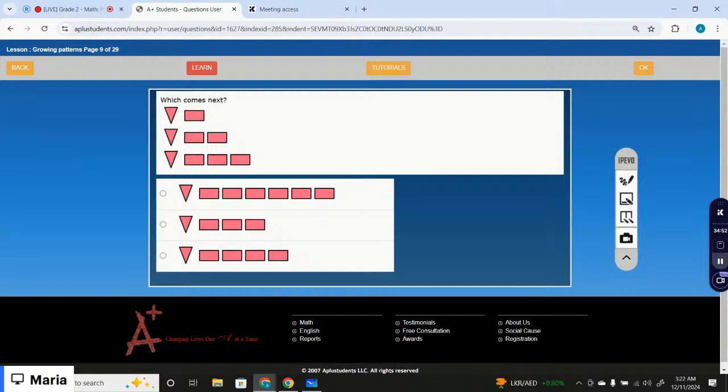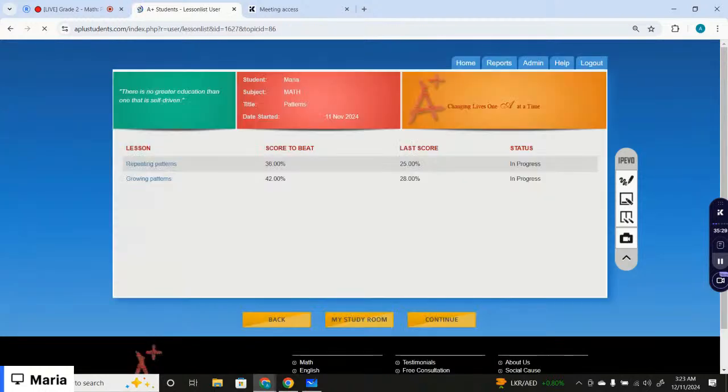Which is the correct option? Option number 2 is the correct option, right? Okay, you can complete the lesson by yourself later today. Let me just move on to the next chapter. We are done with the lesson patterns.